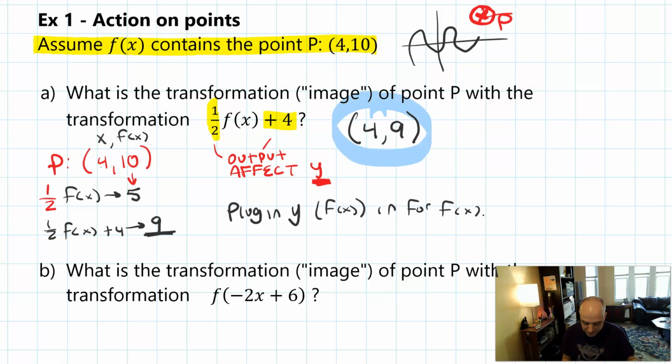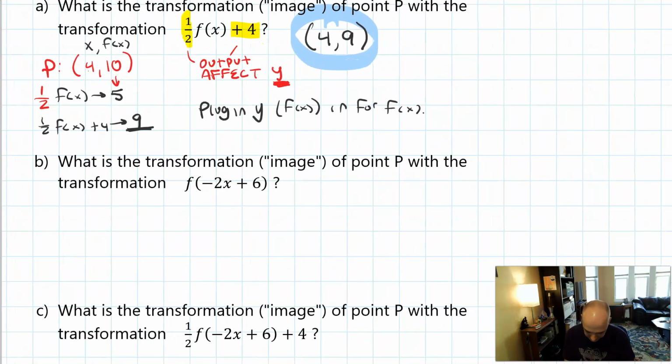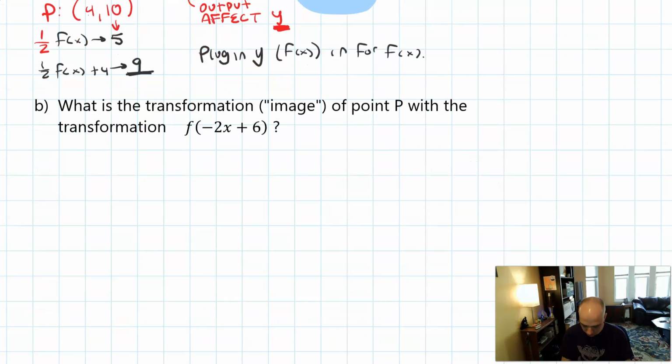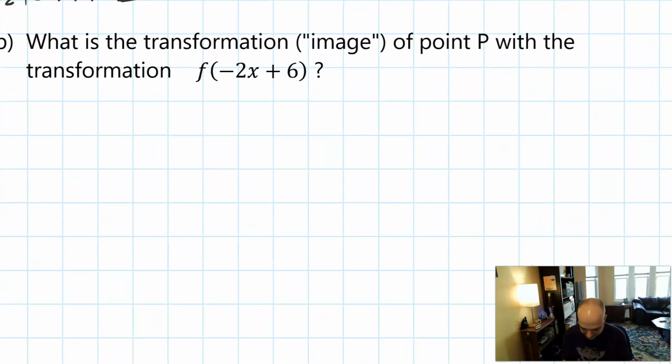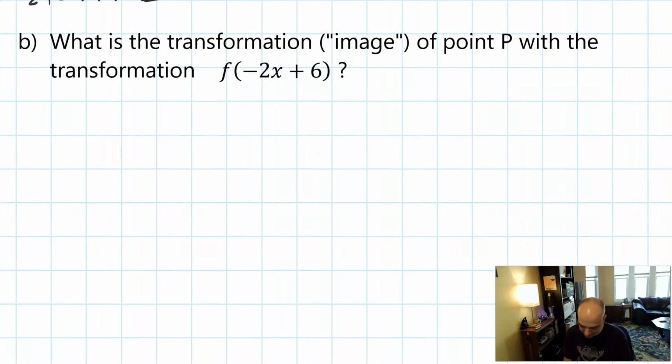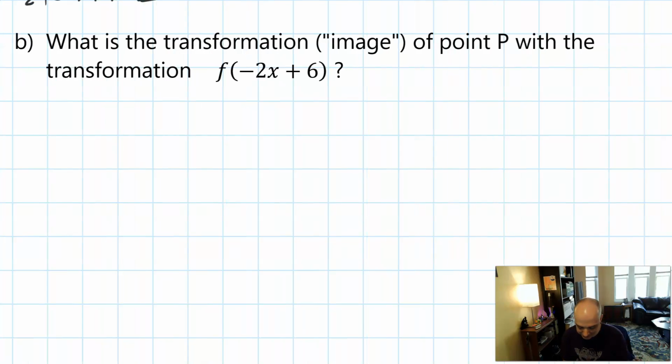Now let's go to part B, which would be doing an input transformation. These are a little trickier, or maybe not trickier, but they are different. So we might ask, what is the transformation or image of the point P within this transformation f(-2x + 6)? All I know is that P is equal to (4, 10) still. That's the only thing I know. And this is kind of like x comma f(x).